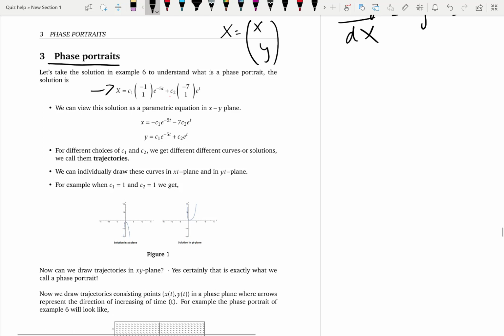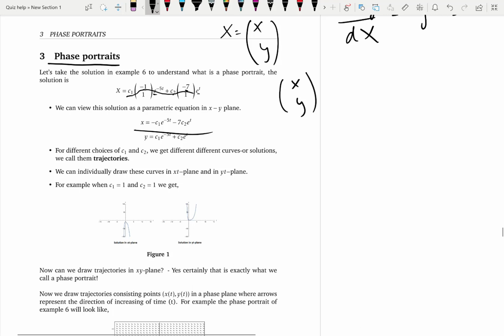Capital X means the vector (x, y). If you consider each row of this solution, we get the solutions for x and y. The solution for x is the first row: c1 times negative 1 times e to the negative 5t, plus c2 times e to the negative 7t times e to the t. So that is the first row.